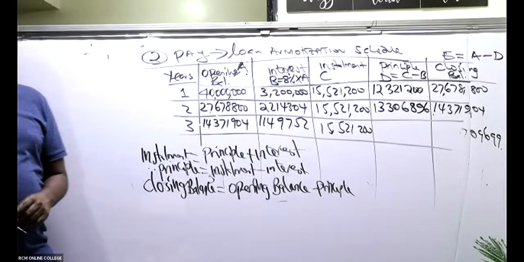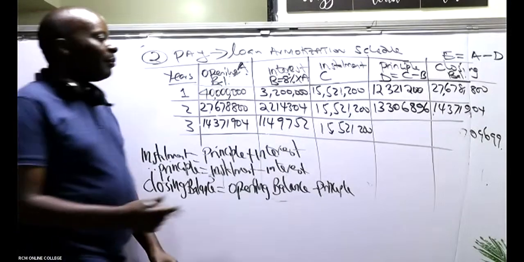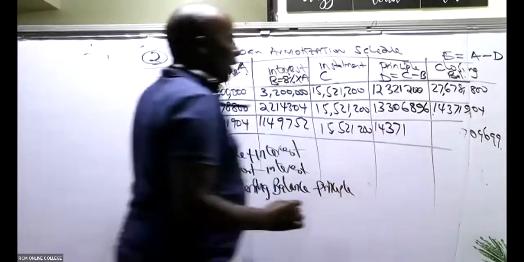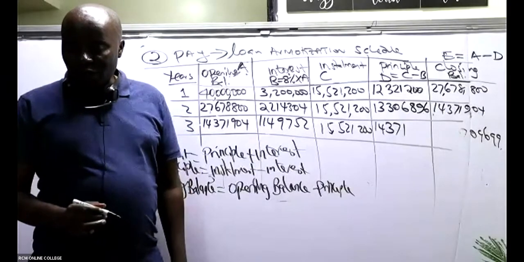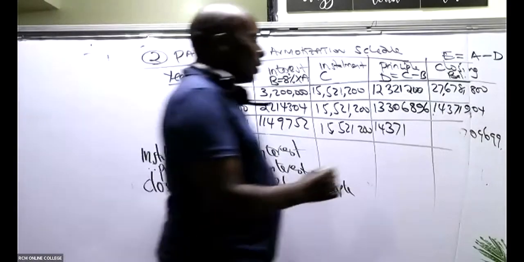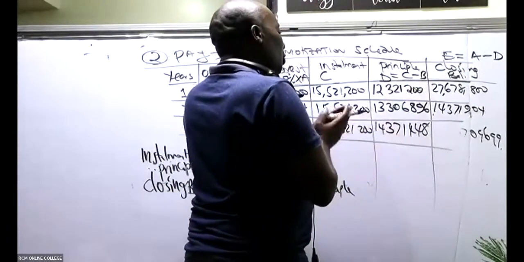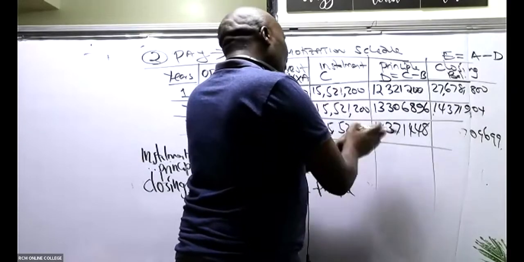So you're getting here 14,371,448. And once I get this figure, straight away I know how to get closing balance: opening balance minus the principal.